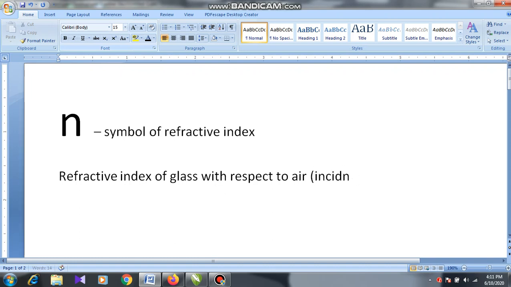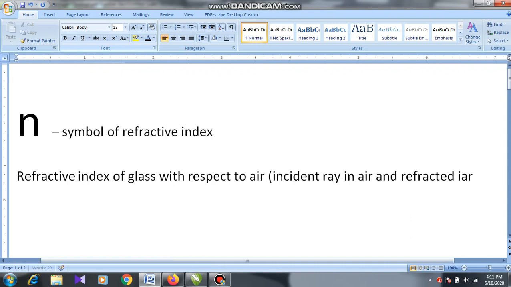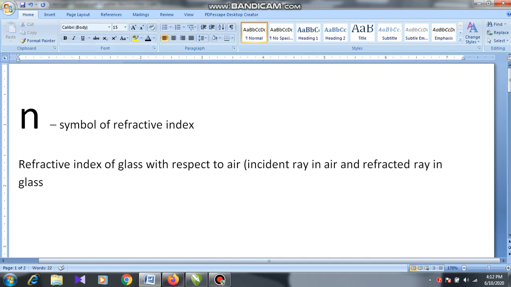Incident ray in air and refracted ray in glass. That is the meaning.